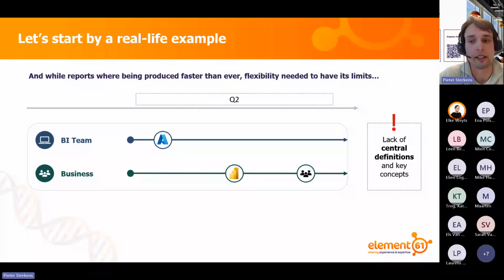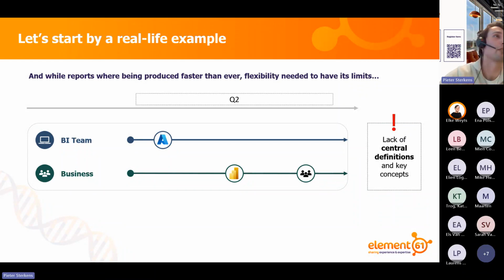A new challenge. We outsourced the report building to business, to key users within each business unit, and they got flexibility to create measures in Power BI as they were. And what we noticed was that central definitions and some key concepts were starting to deviate.